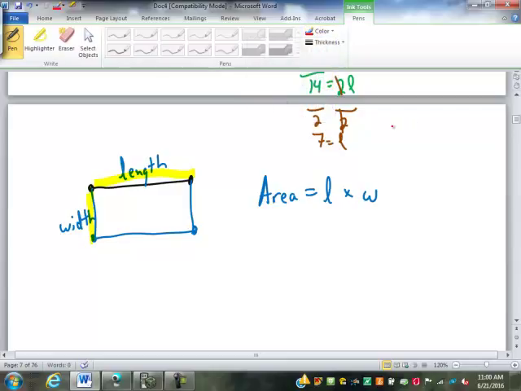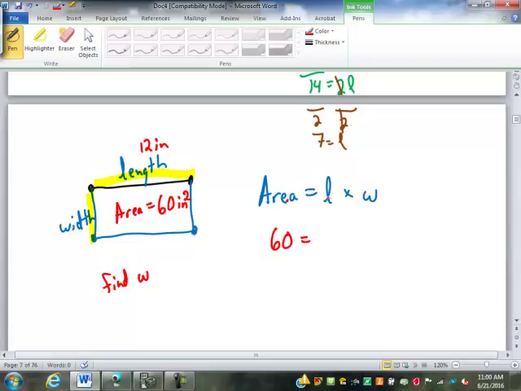So if I give you a rectangle that has a length of 12 inches and tell you it has an area of 60 square inches, can I find the width? I sure can. What am I going to put in here for area? 60.